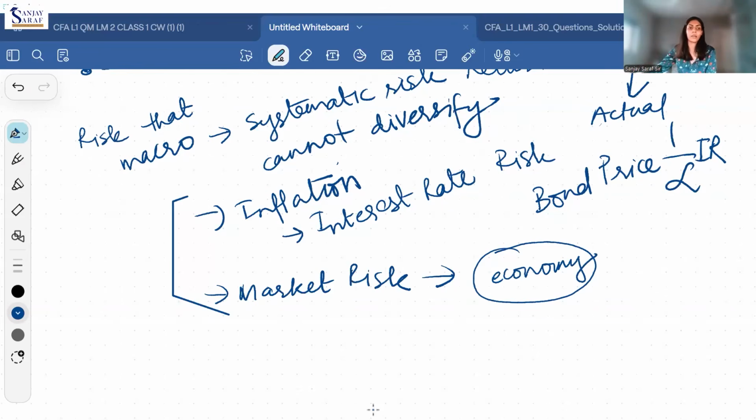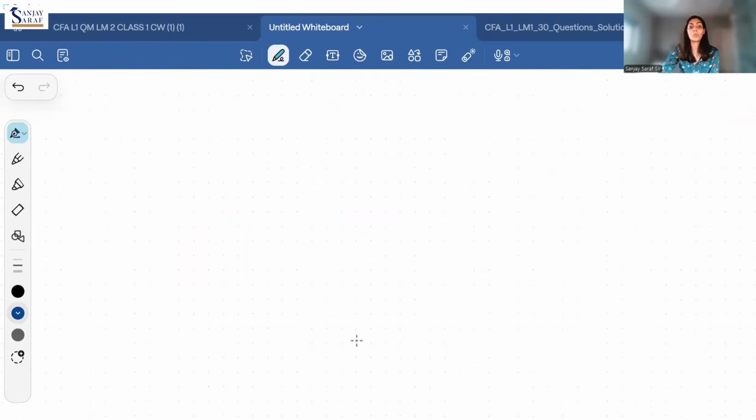Macro level पे ये risk है. But then again, there are certain risks that you can diversify against, जो पूरे macro level पे नहीं बल्कि micro level पे है.